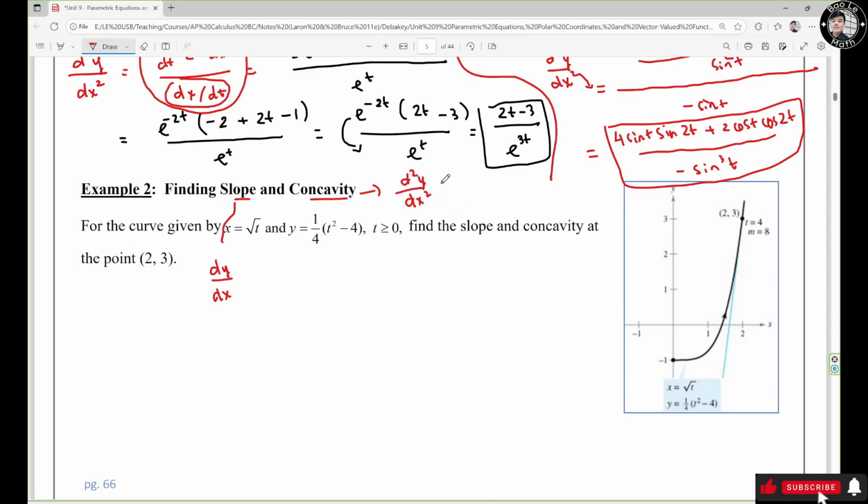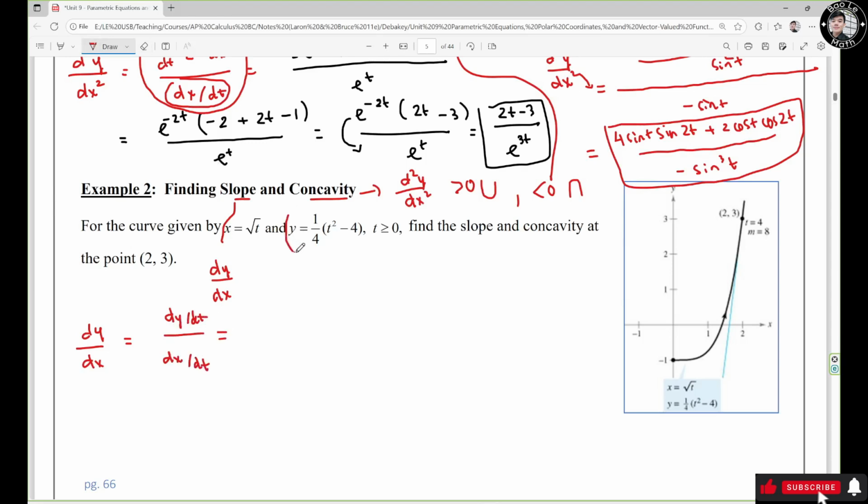Now, when the second derivative is positive, the function is concave up. When the second derivative is less than 0, the function is concave down. So we have dy/ds equals dy/dt over ds/dt.